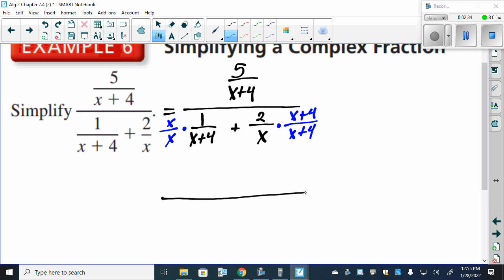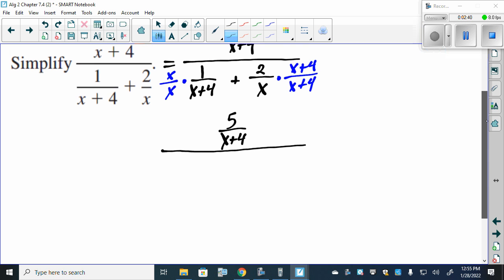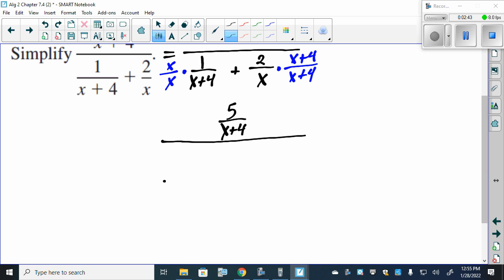Now when we do this multiplication, the numerator is going to stay 5 over x plus 4. Now the denominators: the first one, we're going to have x times 1, which will give us x. And in the denominator, we're going to have x times x plus 4.